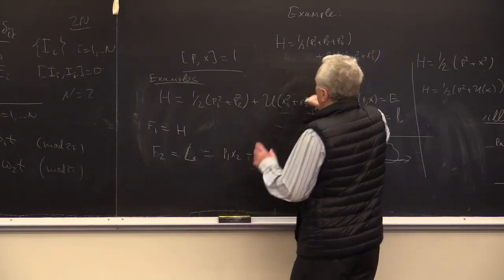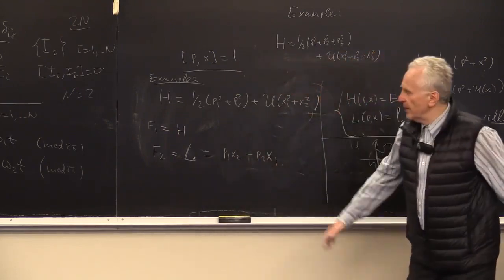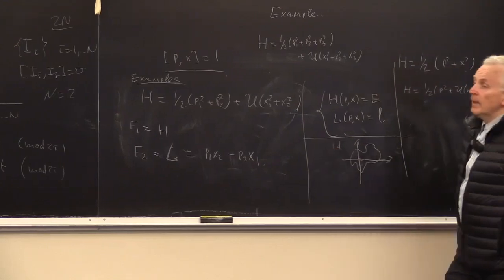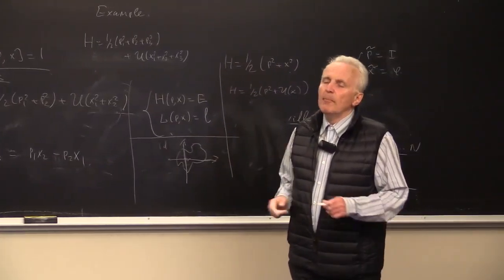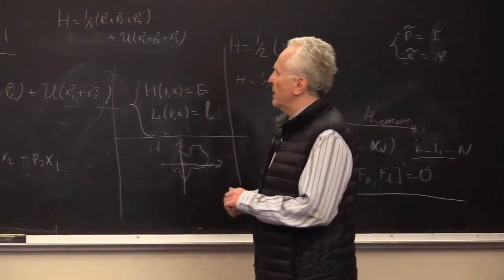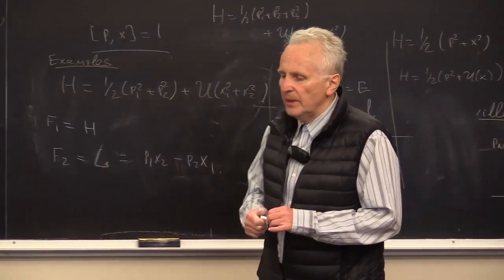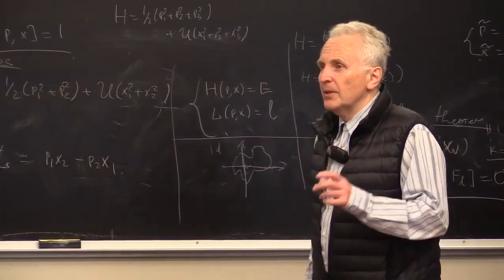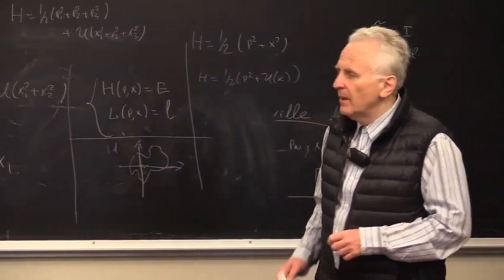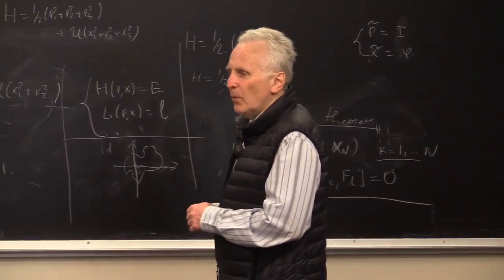Here things are slightly less trivial than in two dimensions. I claim that this system is also completely integrable. That is, it has three commuting integrals of motion. And I want you to try to figure out what they are.